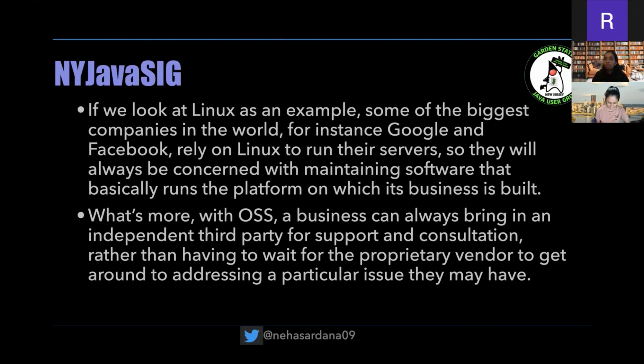But when it comes to closed source software from proprietary vendors, you have to just push them. You have a particular issue, they have to address it, and you don't know when they are going to address it. So that's one of the reasons why open source software gets fixed faster than closed source software, I would say.